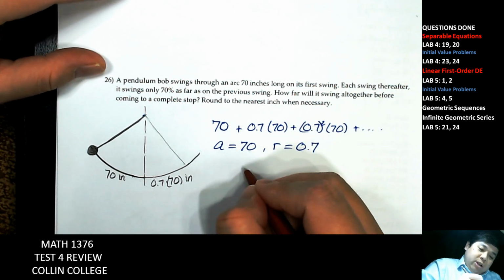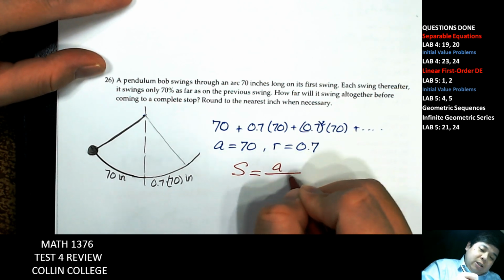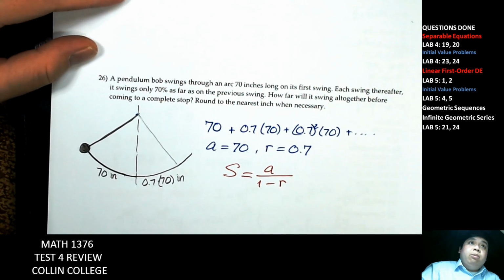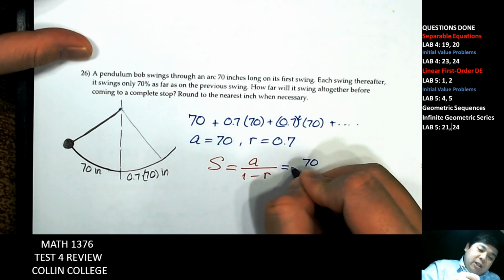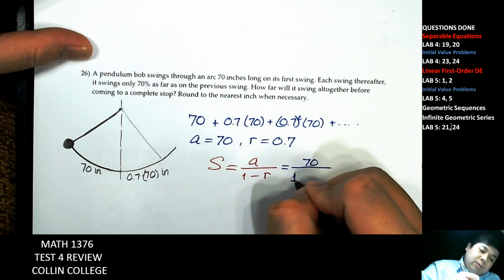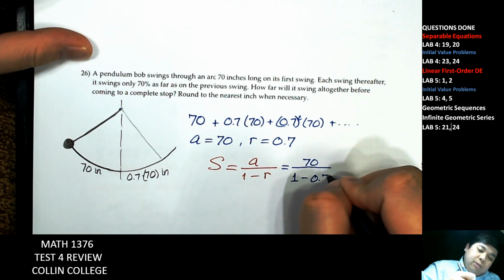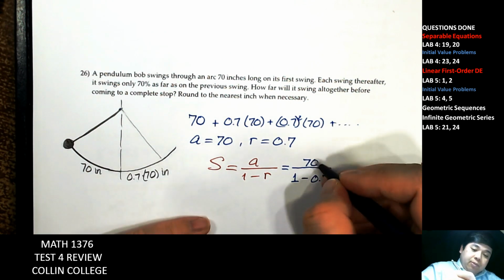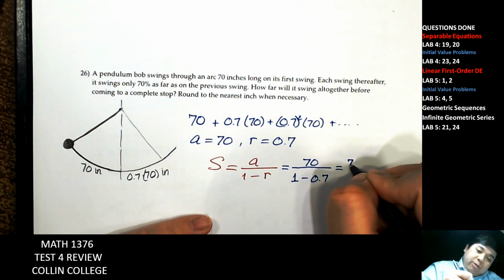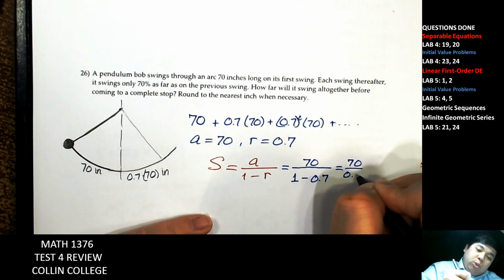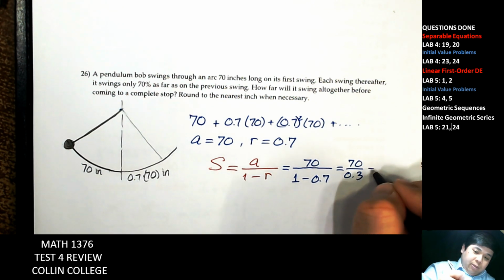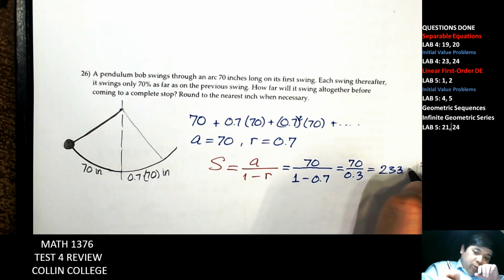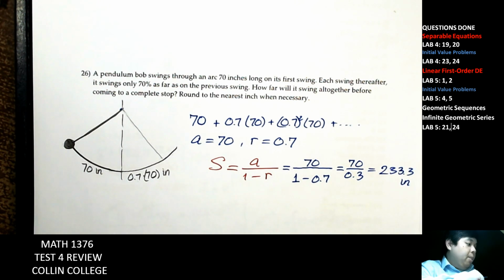Now if we put this in that form, the first term is 70, so we have 70 divided by 0.3, which is about 233.3 inches.